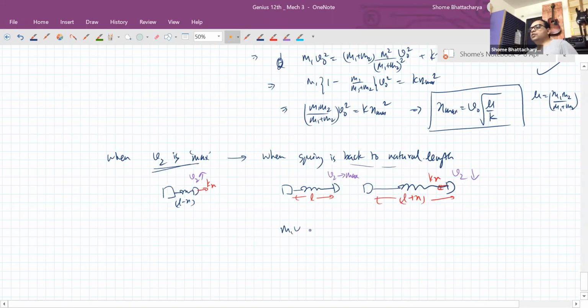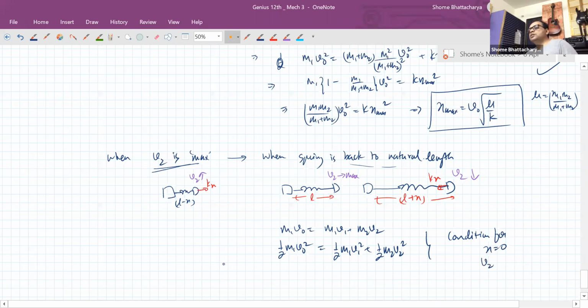So M1 V0 is equal to M1 V1 plus M2 V2, but half M1 V0 square is equal to half M1 V1 square plus half M2 V2 square. This is the condition for X to be 0, so V2 to be maximum. If you now see these two equations, this is the equation of head-on perfectly elastic collision. So you'll also realize that V2 minus V1 is equal to V0.